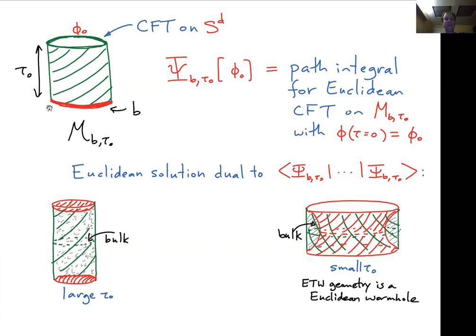And now we chop that off, and we have a path integral where in the Euclidean past we've introduced this boundary condition and possibly boundary degrees of freedom of some lower dimensional CFT. That path integral gives us some particular state of our CFT on the sphere that depends on our choice of boundary and boundary degrees of freedom and on this parameter tau 0.